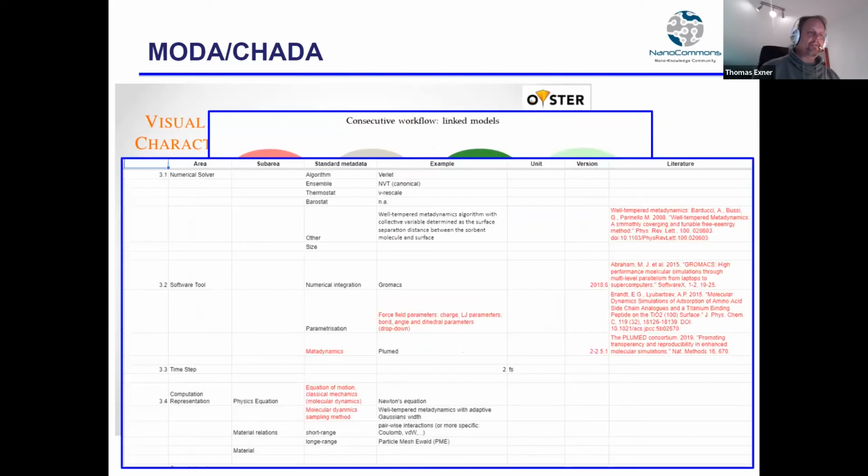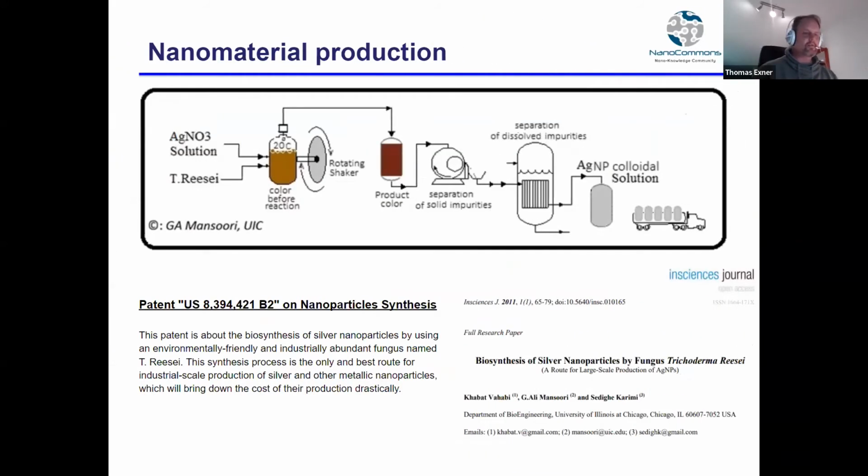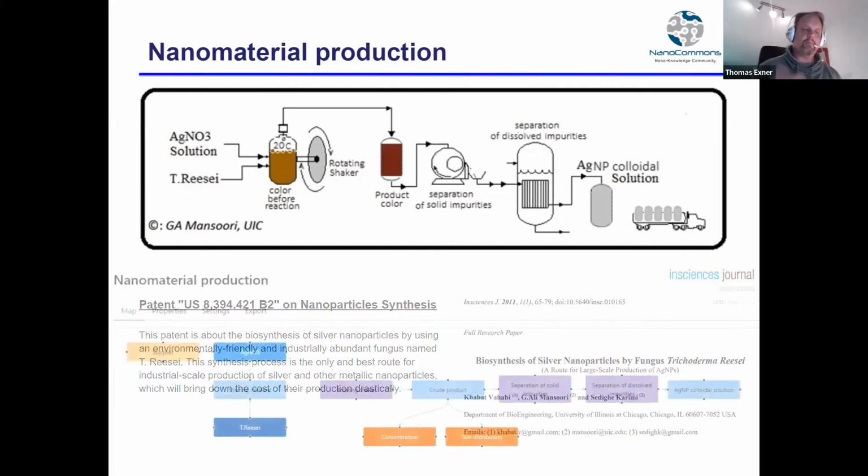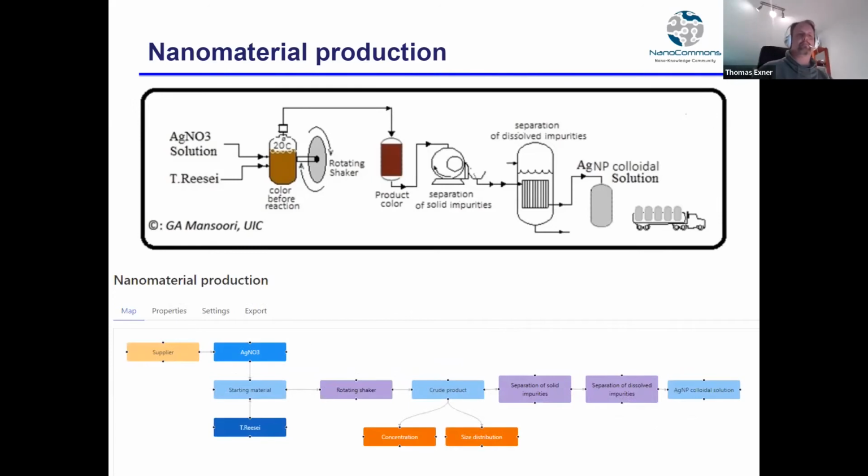Okay. The other point we were just looking at was that you can also do that for industrial production sites. This is something I just found. We are working with a partner on that, but I couldn't show that example, therefore I just took something from the internet. It doesn't really matter what it is, but in principle, you can take this industrial process and build exactly the same instance map for it, and then add things.